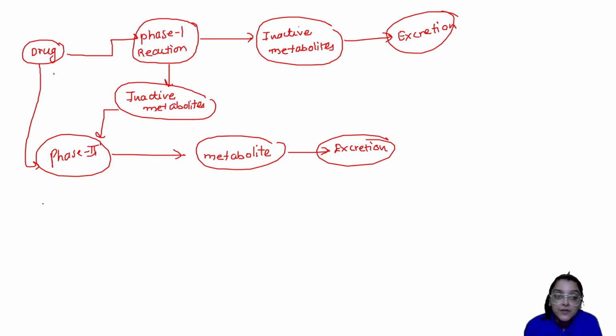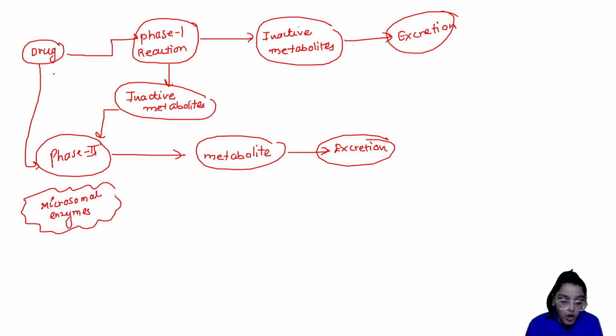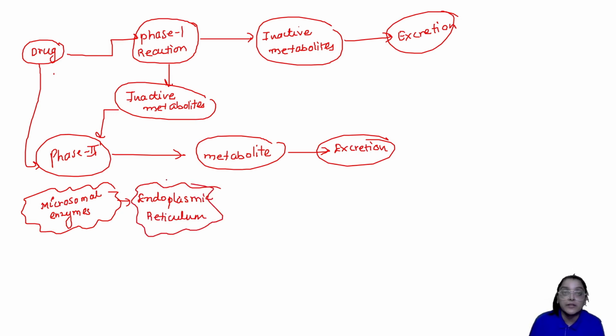Other than these phase 1 and phase 2 reactions, there are microsomal enzymes, which are going to degrade your drug molecule. These microsomal enzymes are present in the endoplasmic reticulum. Okay, so students, this was all about the basics that we are going to cover in drug metabolism.